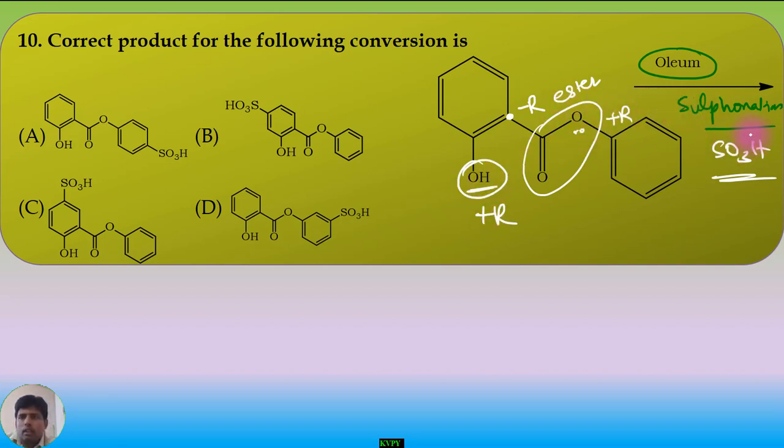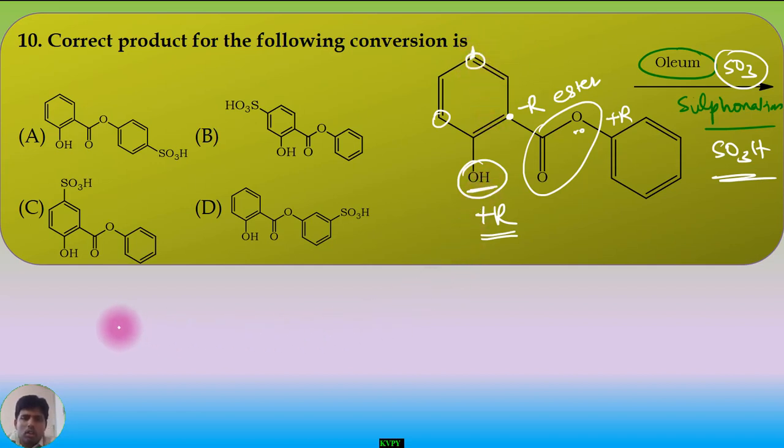So electrophilic substitution of SO3 here will be based on the directing influence of these groups. Because the OH group is very powerful in terms of plus R, it will direct the incoming electrophile to either the para or ortho position. Of course, it will direct both. The major one will be the substitution at para.